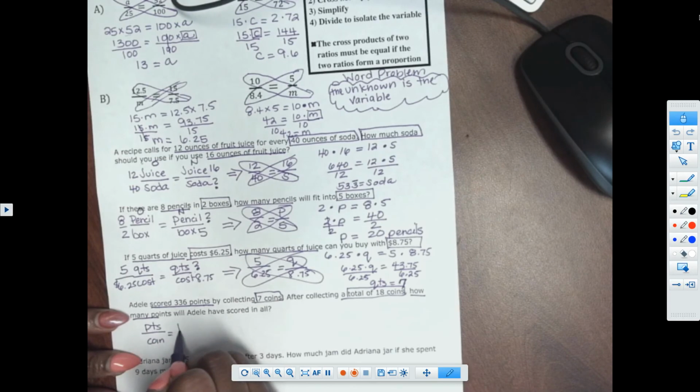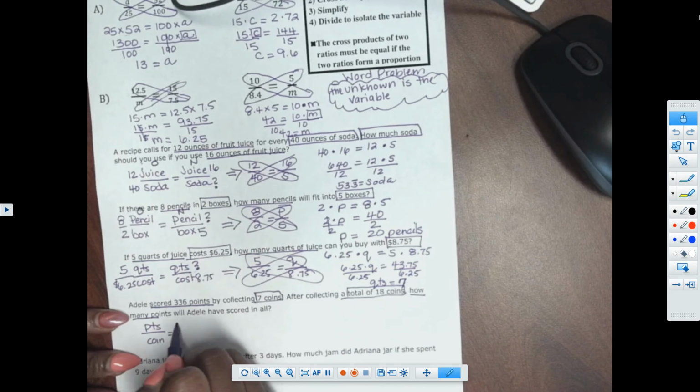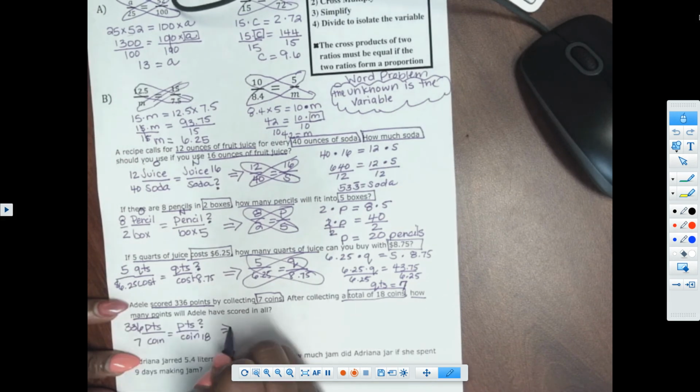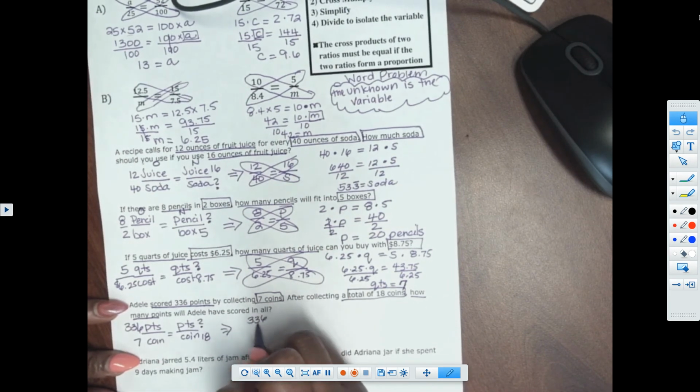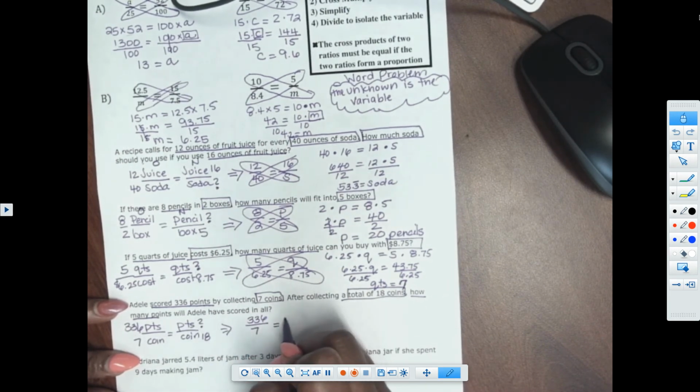Points over coin. For points here, I had 336 and I had 7 coins. For points here, I do not know, but I know that I have 18 coins.